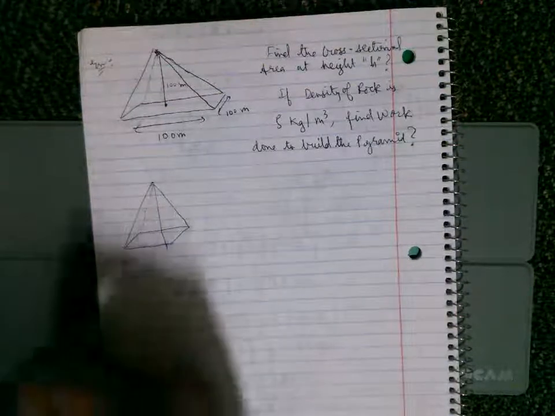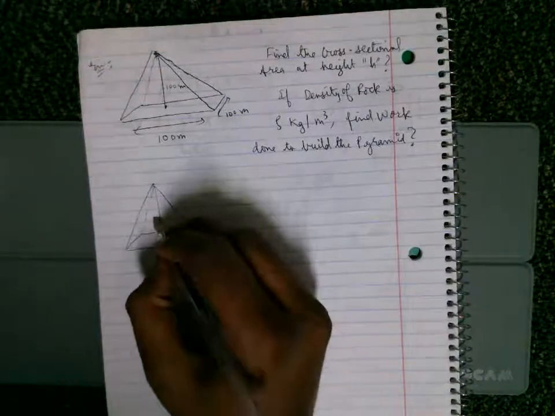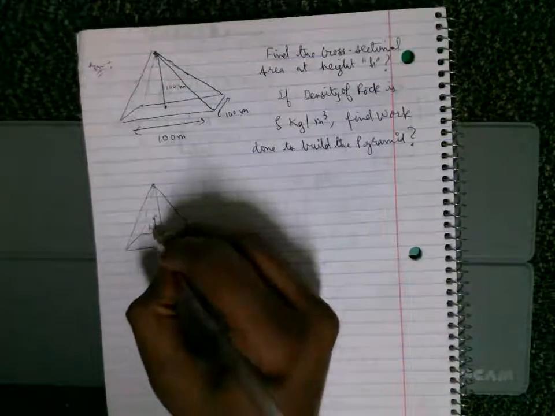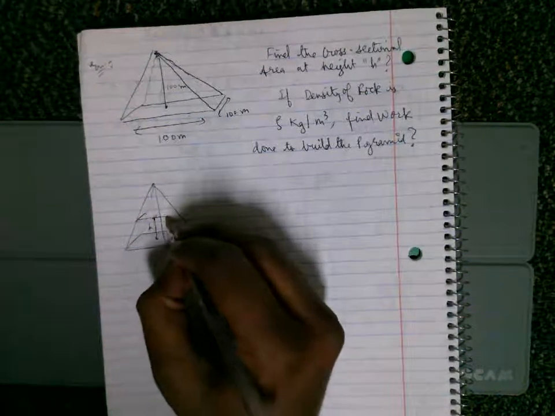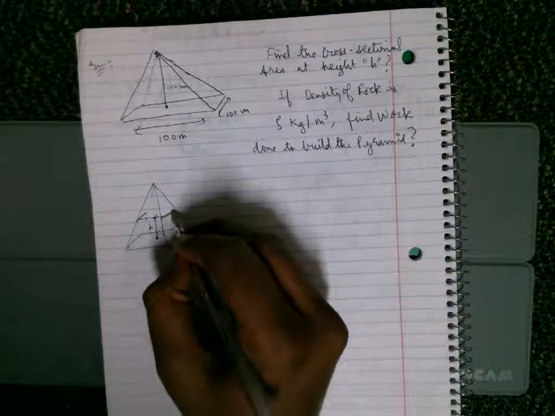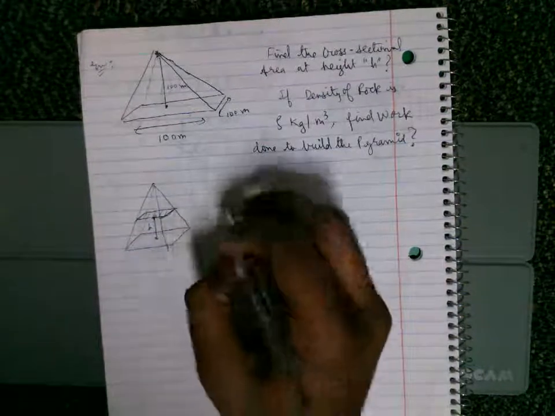So this is our pyramid, and let's say we are at a height h from the base, and so there will be a cross section like this, right? And we want to find out the area at this cross section.